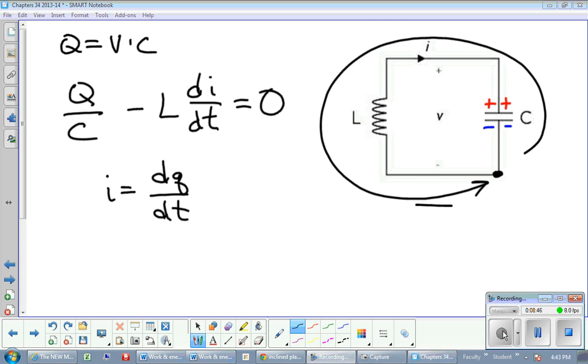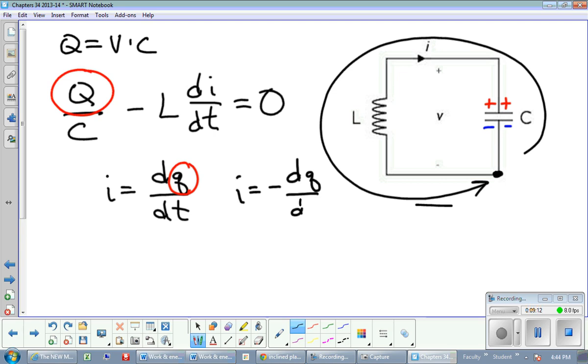And probably the simplest way to describe this is this Q that I'm using in the equation, that Q is the charge that's actually on the capacitor. Well, this Q is the Q that is no longer on the capacitor. It's actually moving through the circuit. And so the Q in the second equation here is actually what's left. So we have to describe this appropriately as negative dq dt. Think of that as the charge that's leaving the capacitor, the negative sign.